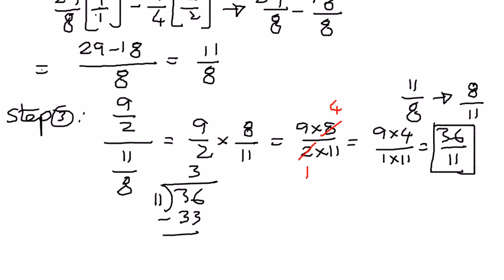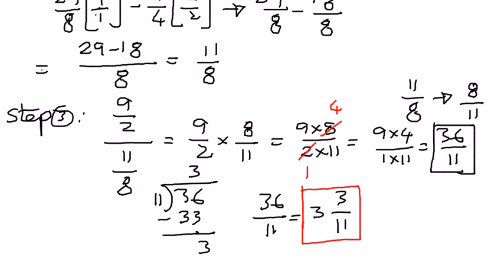When we subtract 33 from 36, we are left with 3. So therefore, 36 divided by 11, we can express that as 3 and 3 over 11 as a mixed number. So this is in the mixed number format, and 36 over 11 is in the improper fraction format.